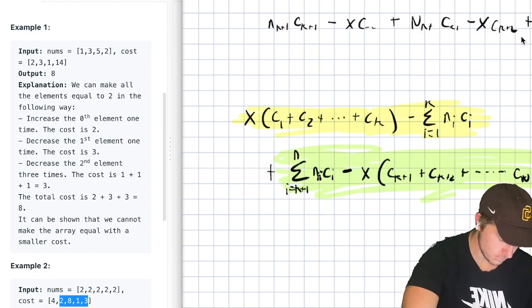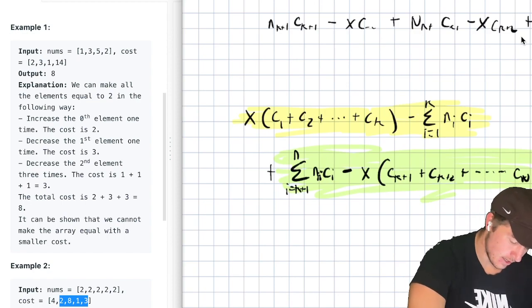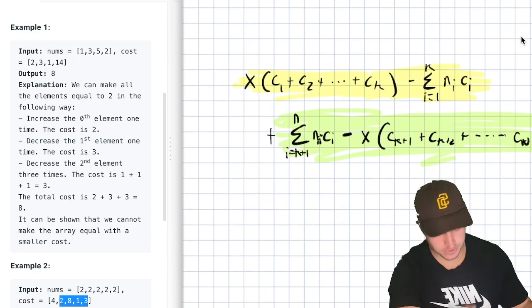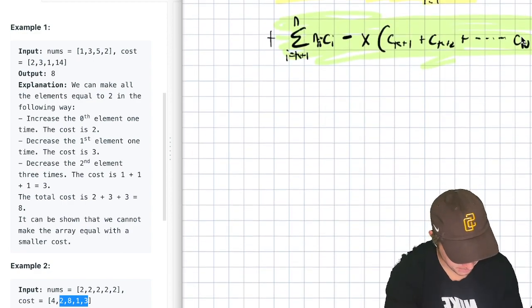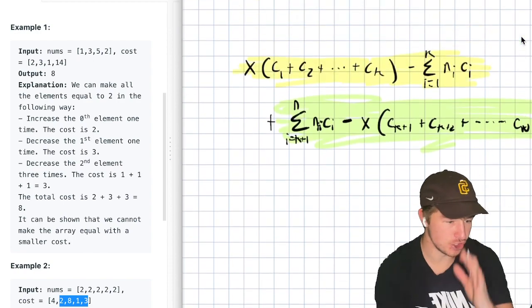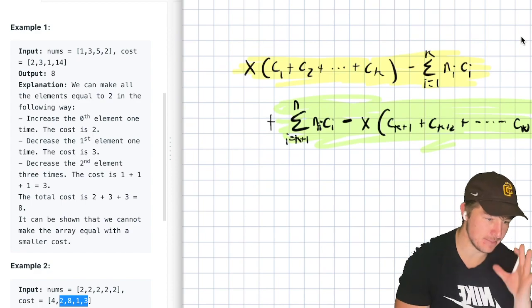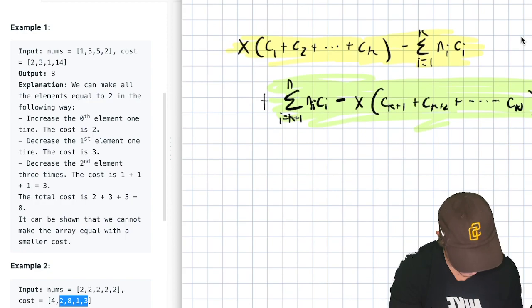I'm going to show you how that works right now. It's all dependent on these n values. So I'm going to walk through an example, use these formulas, and then show you how you would just modify the formulas simply in constant time to get the next value's cost.